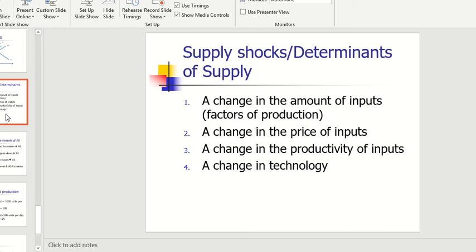Most of the time when we talk about a change in technology, we have in our mind a technological progress. But once in a while, we may have a technological setback.